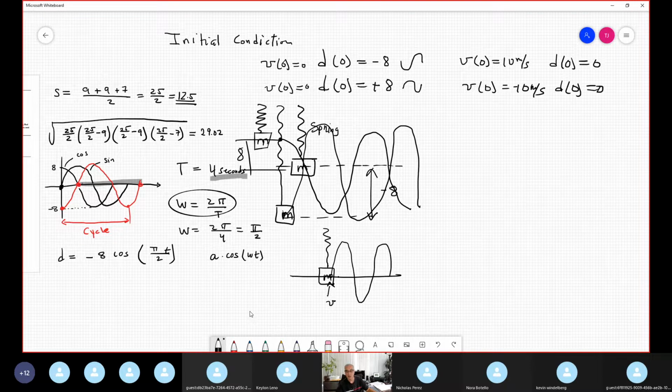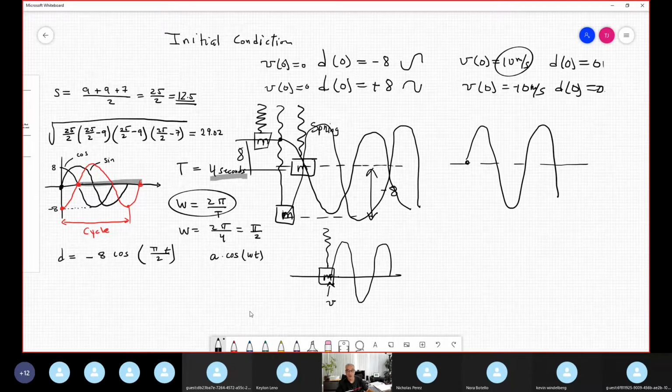In this case, our spring-mass system starts at 0 displacement. But we have enough energy to go upward or downward, depending on the direction I touch with the energy. Make sense and more clear now?